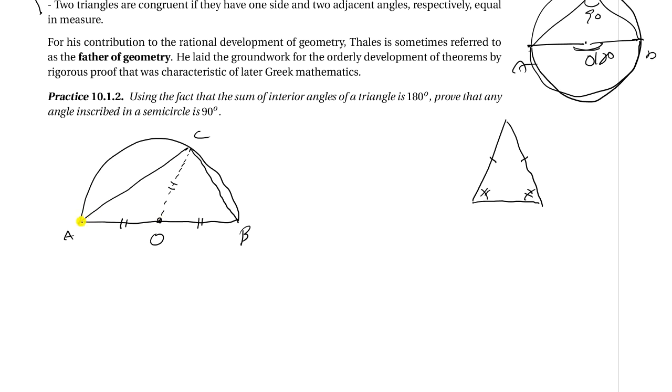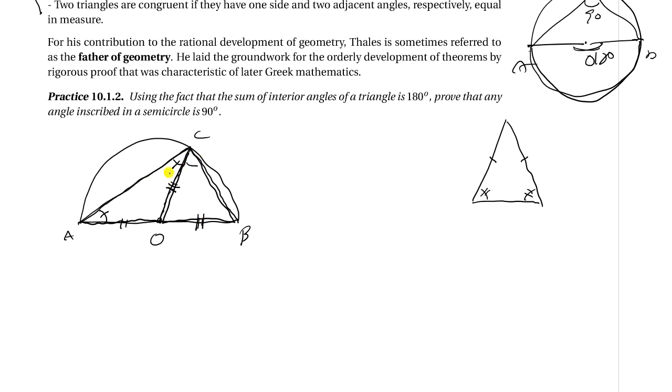When you look at this triangle, OAC, because OA and OC are congruent, their opposite angles must be congruent. And in the second triangle, OBC, by the same argument, OC and OB are congruent, so their corresponding angles must be congruent.